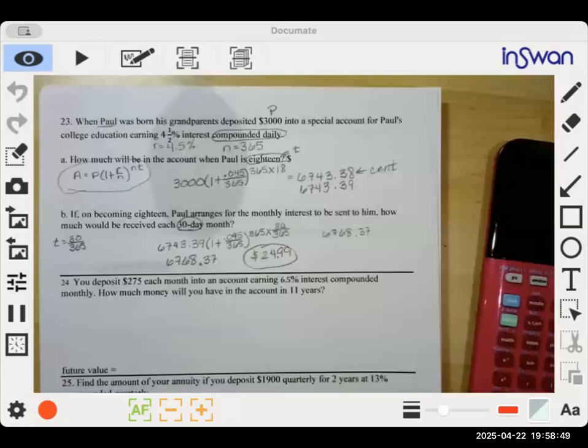Can I share my screen? Let me see if I can take a screenshot and then share it on the chat. I tried that, but it wouldn't let me upload anything.